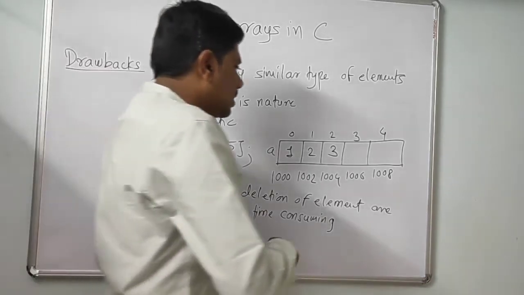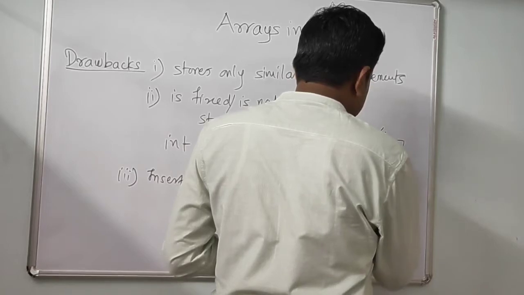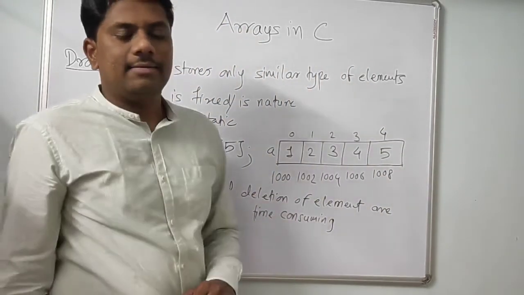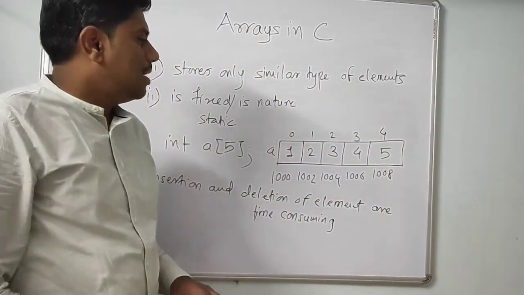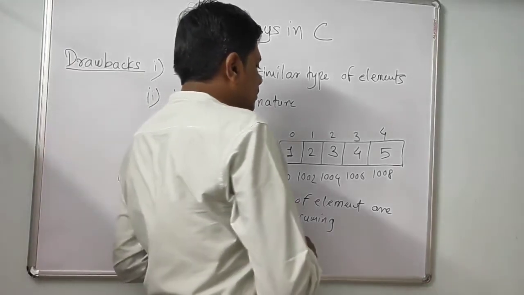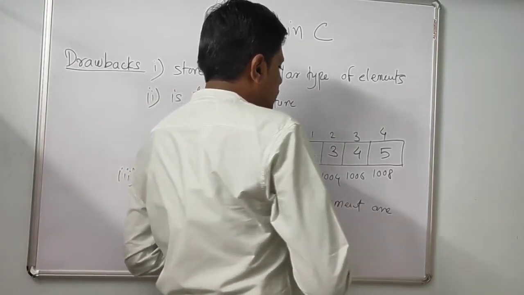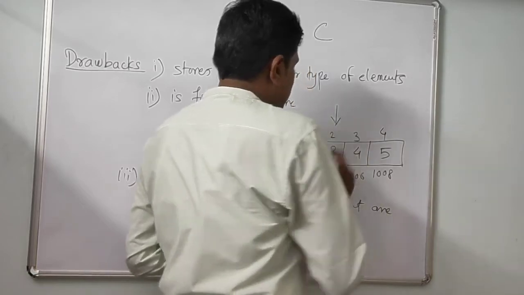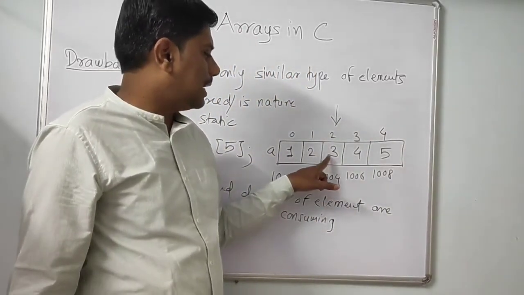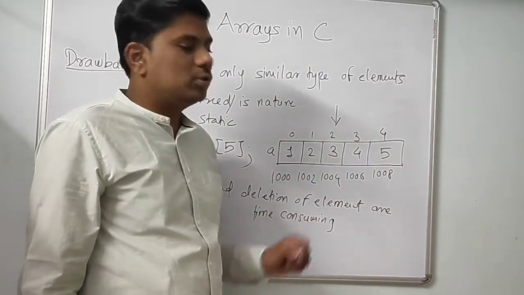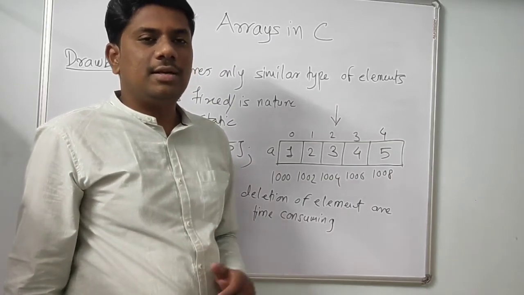See, consider this is your array. There are 5 elements already present, and now suppose I want to insert a new element at this particular position. Third position, I need to insert a new element.